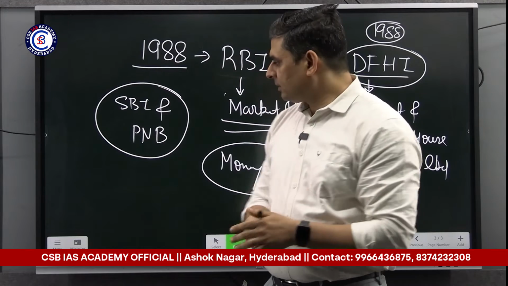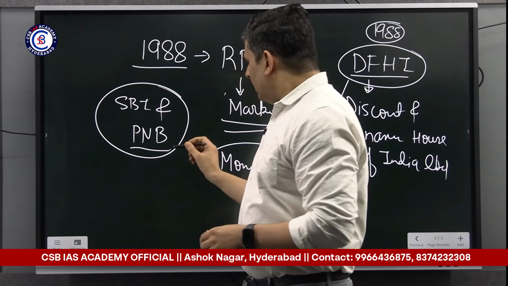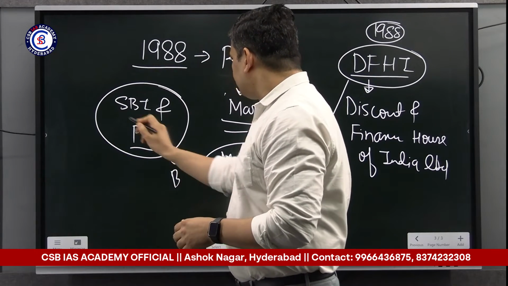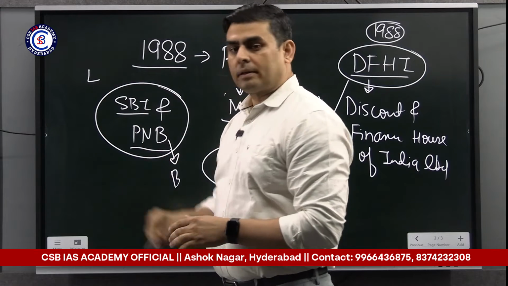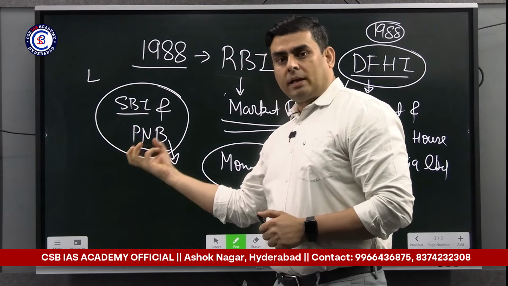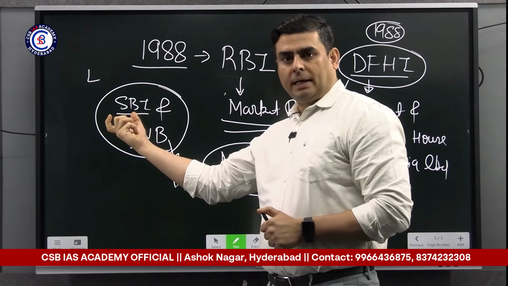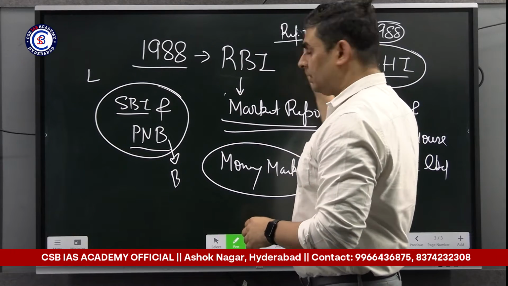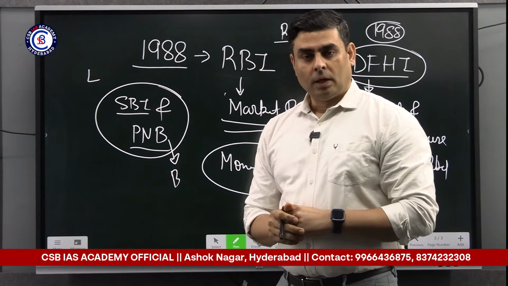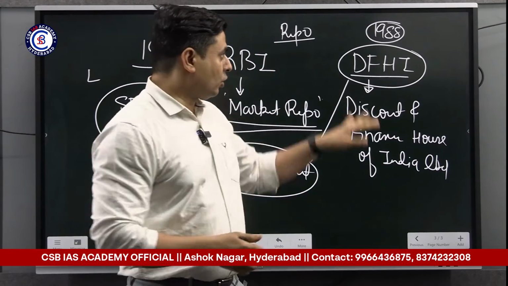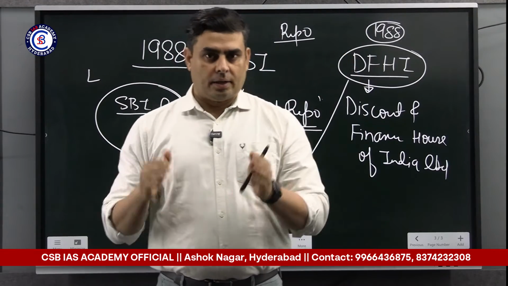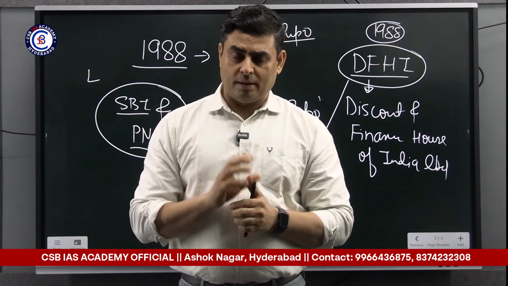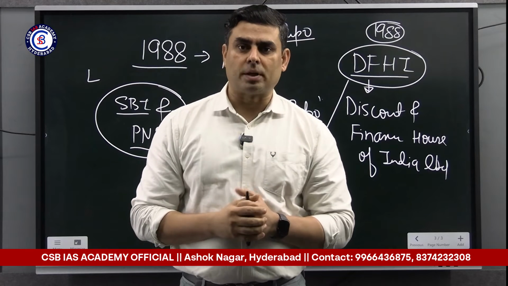Suppose PNB is a borrower and SBI is a lender. So PNB can borrow money from SBI under the repo system. And who is supervising this operation? DFHI. Discount and Finance House of India Limited was looking over these operations.